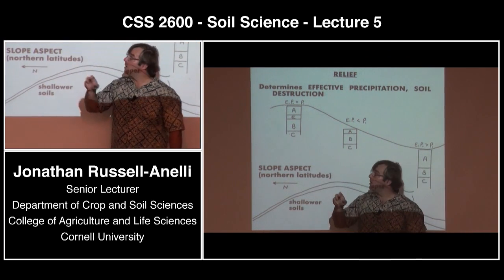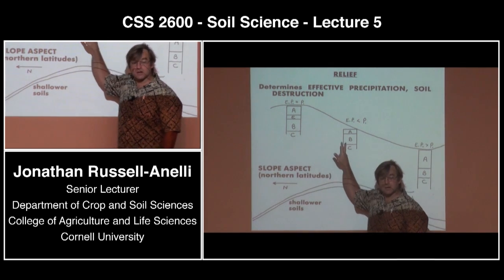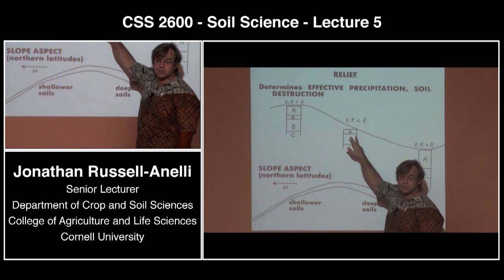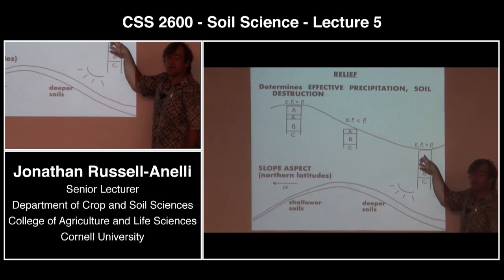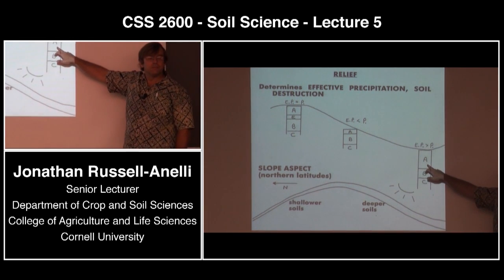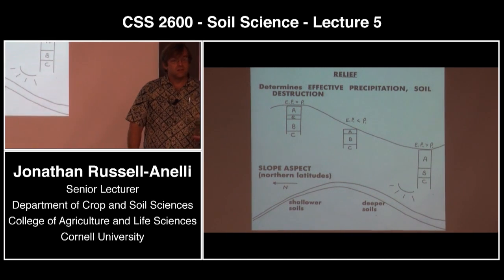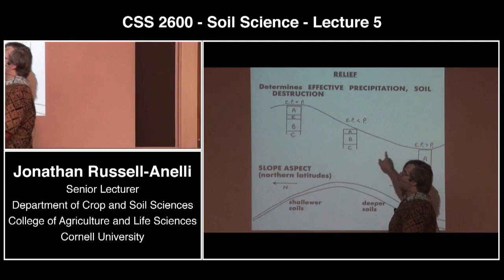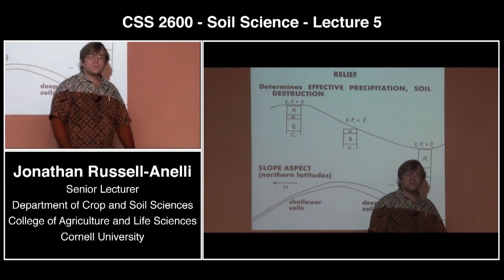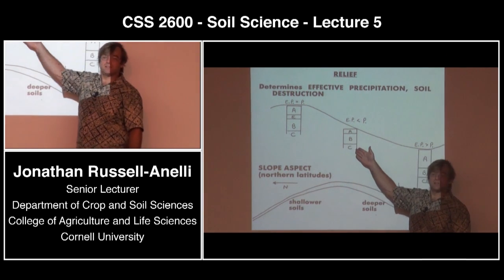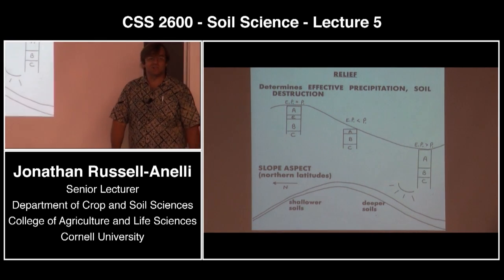And in fact, it's a lot less here than here. Well, why? More of it's infiltrating here than here. Yes, more of it's being delivered this way, but most of that's basically going right through the system and being delivered down here. Now, if moisture is one of the soil forming factors, just by modifying my relief, I've modified moisture. And the response is, look at my horizons. Very different horizons.